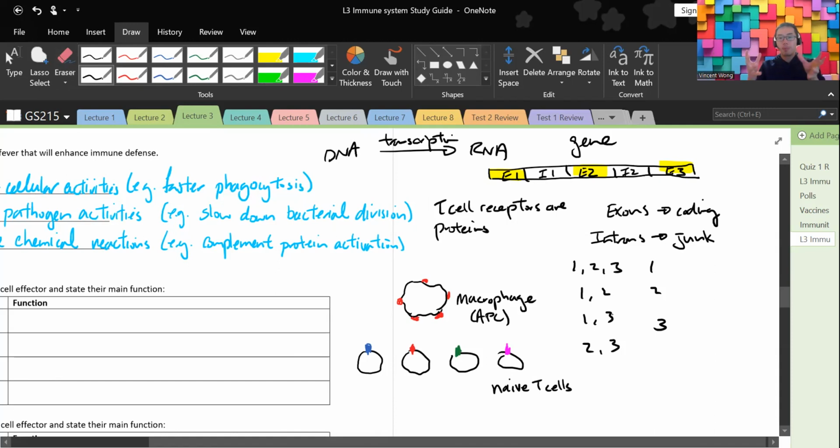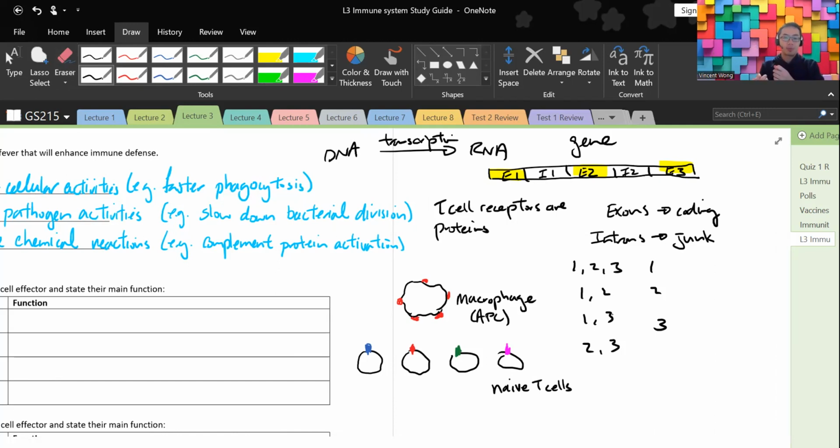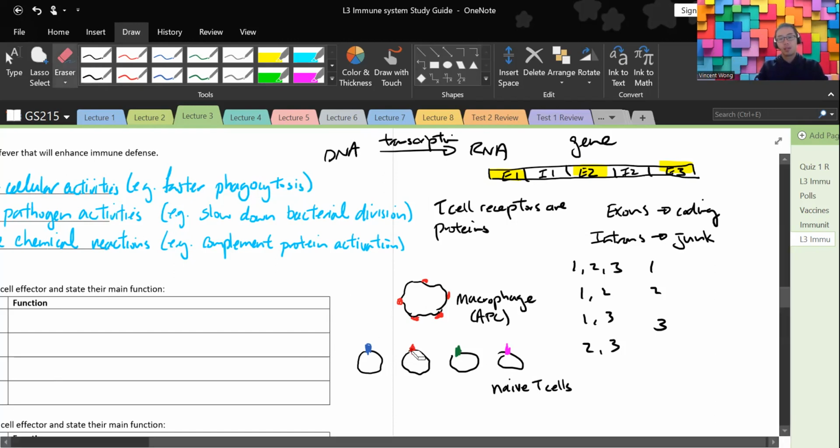Each one has a unique T cell receptor with a different shape. I just use different colors to represent the different shapes. So you will have the blue one, red one, orange one, green one, pink one, and a bunch of others.